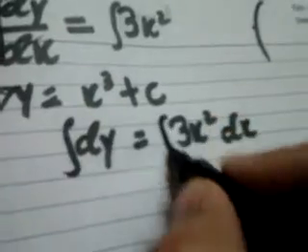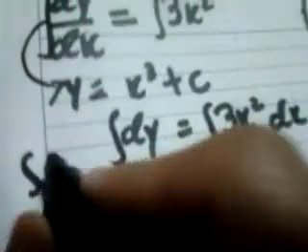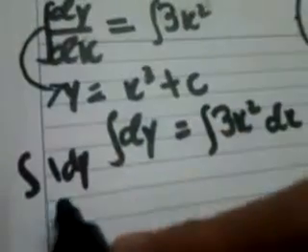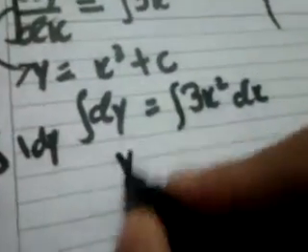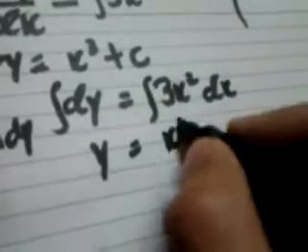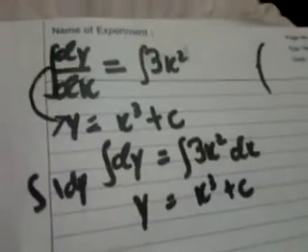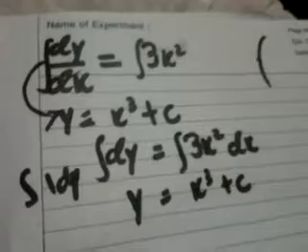Now we can integrate this. What's this? This is the integration of 1 dy. Integration of 1 with respect to y is simply y, and this is x cubed plus c. So this is how we basically solve a differential equation.